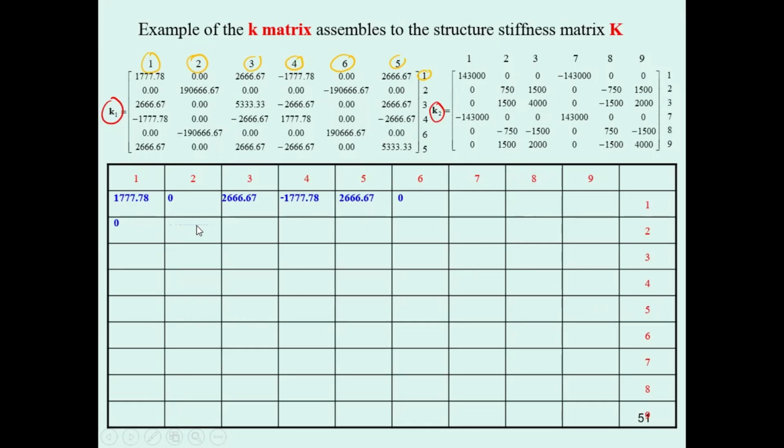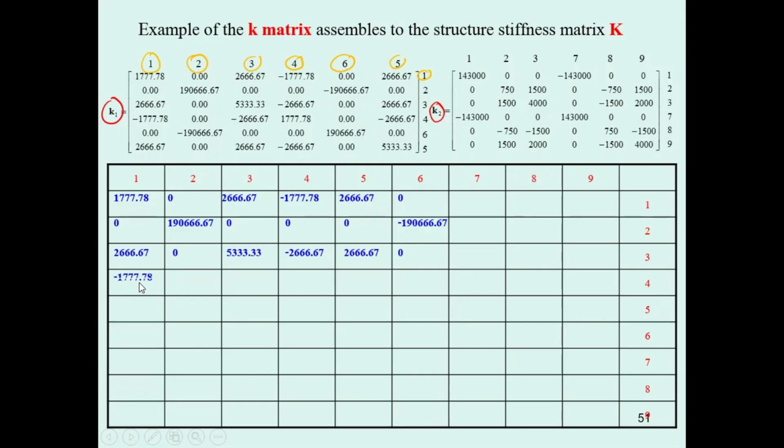And then do the same for row number 2. Start with 1, 2, 3, 4, and then 6. This is 6 over here, and then 5. Row number 3: 1, 2, 3, 4, and then 6, and then 5. Note this one. And then row number 4 over here.